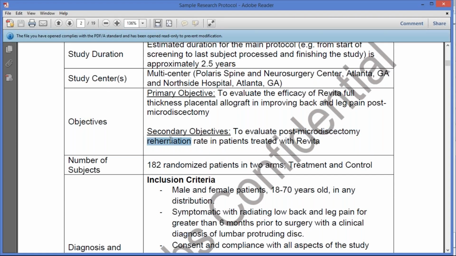Reherniation means repeat of the same herniated disc. When you dissect the herniated portion, the disc again starts to herniate.